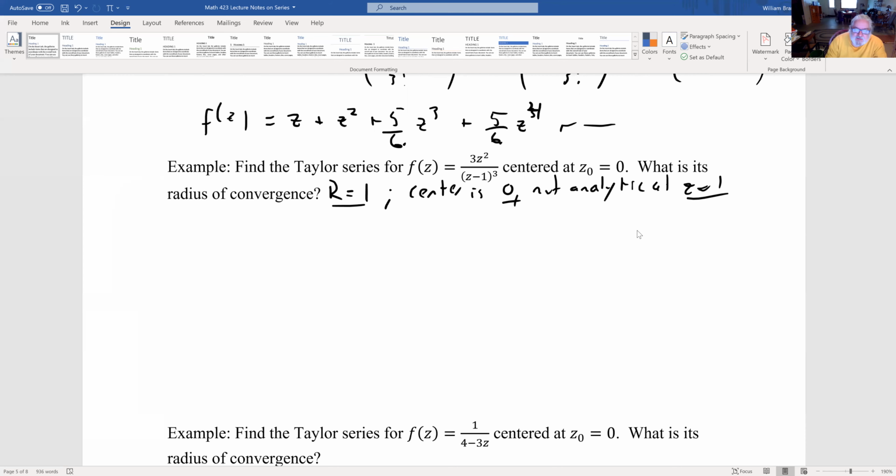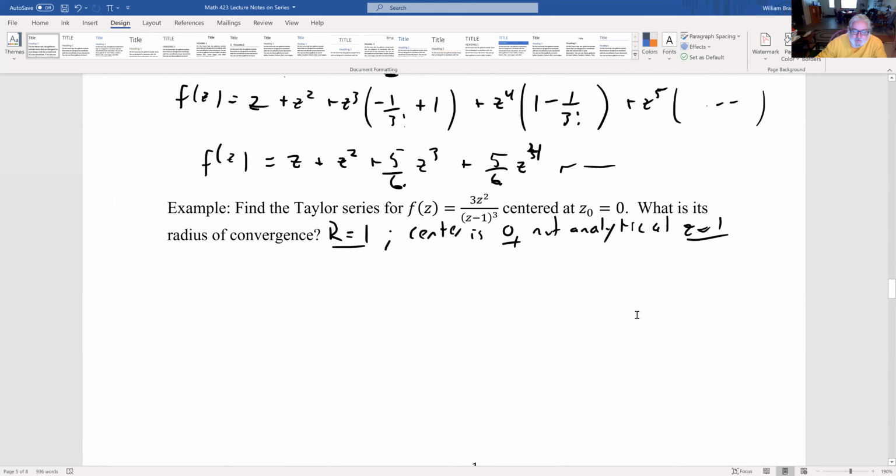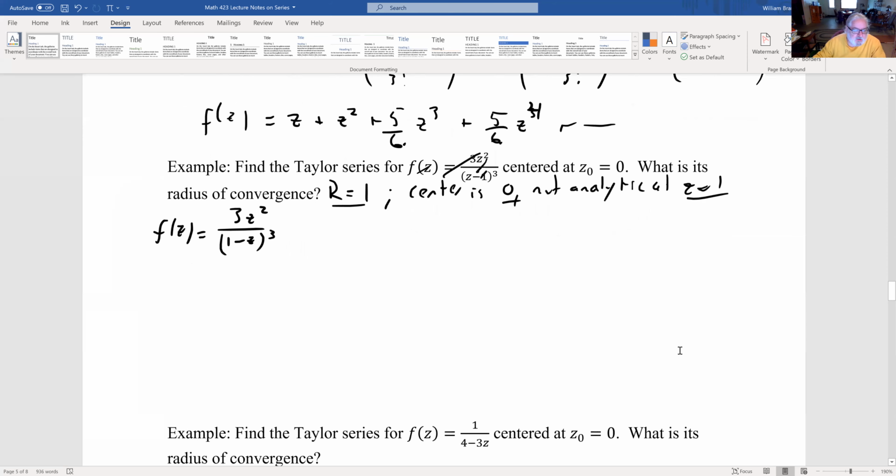Okay, so we have a series that talks about z minus 1, and it's actually a little more convenient to do 1 minus z cubed rather than z minus 1 cubed. So what's the Taylor series for this? Well, keep in mind the derivative of 1 over 1 minus z.